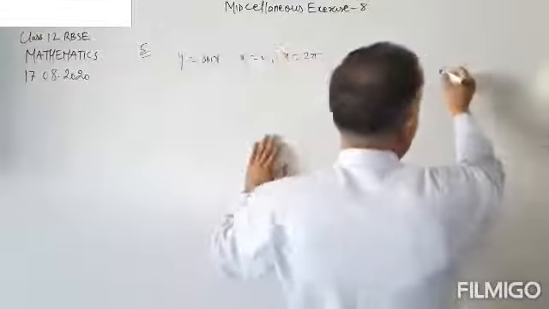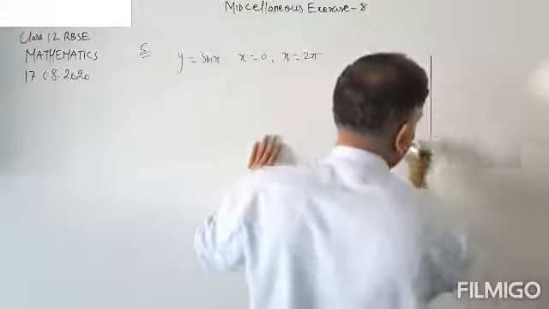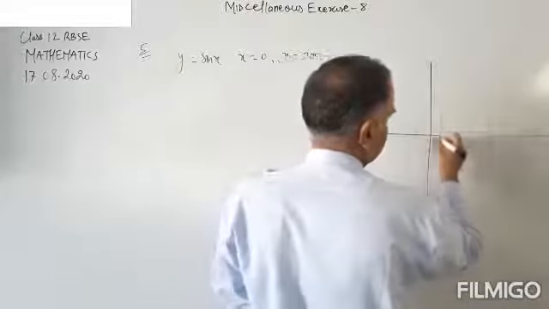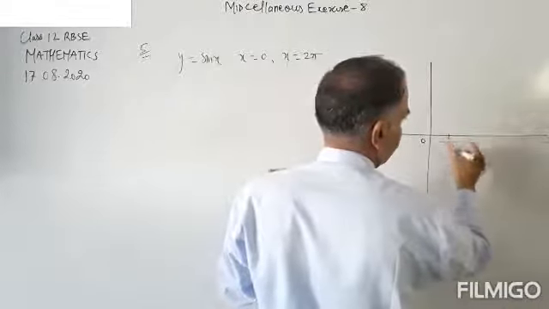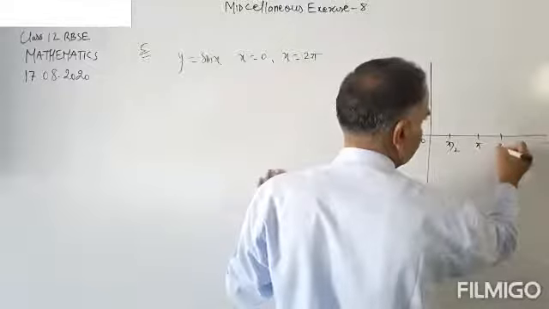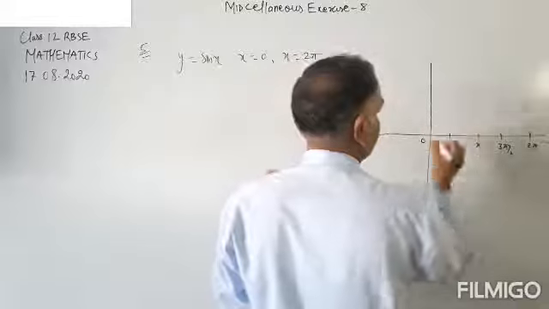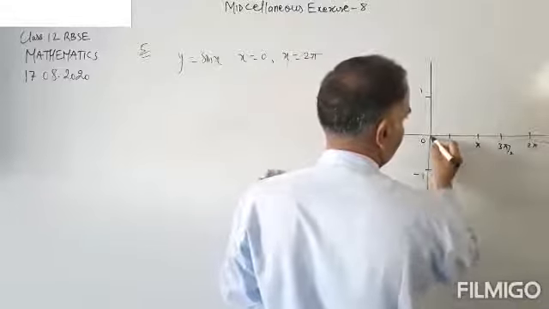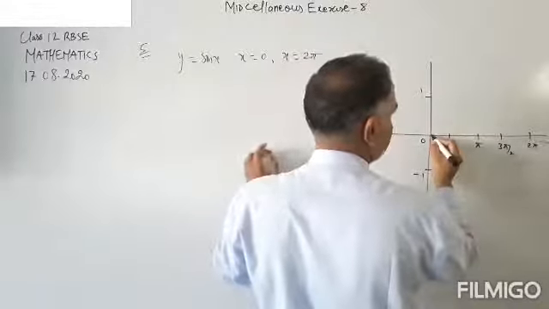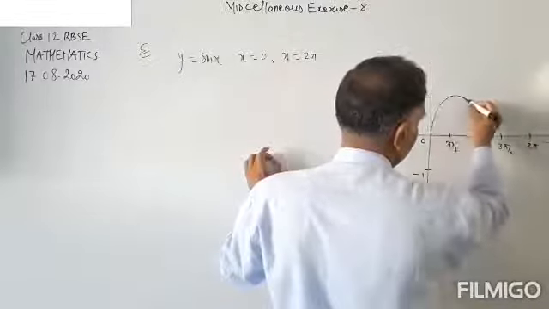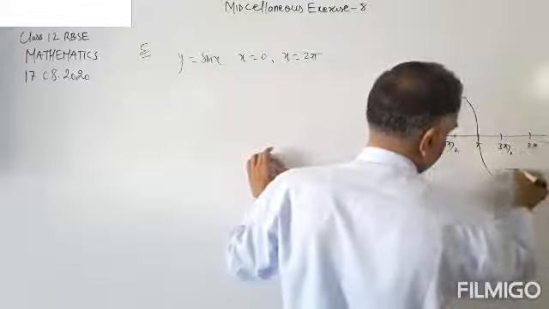Sin 0 is 0. Mark 0, pi by 2, pi, 3 pi by 2, 2 pi, and this is 1 and this is minus 1. At 0, sin 0 is 0, at pi by 2 it is 1, and at pi it is 0.